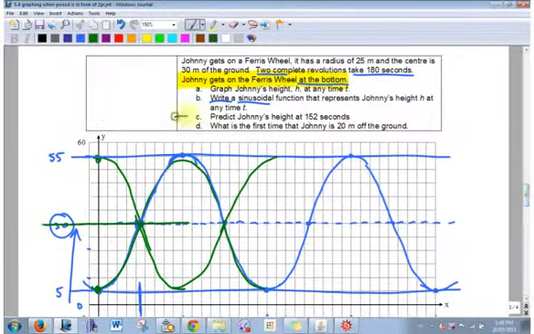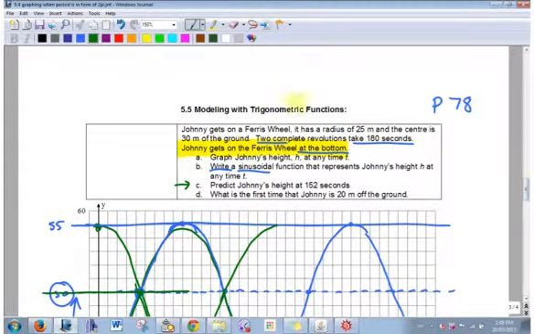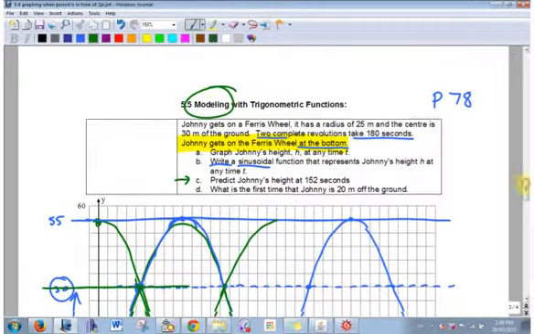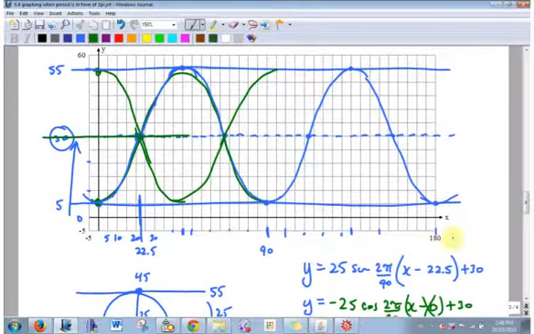Okay? Predict Johnny's height at 152 seconds. This is a real life question. We never even said it, but this is time down here. What's the unit? Seconds. What's this? Height. In what unit? Meters.